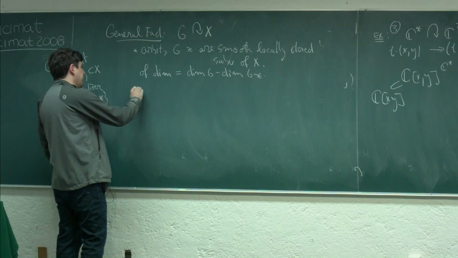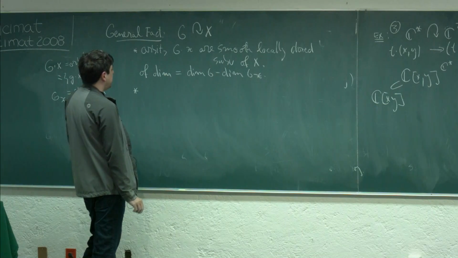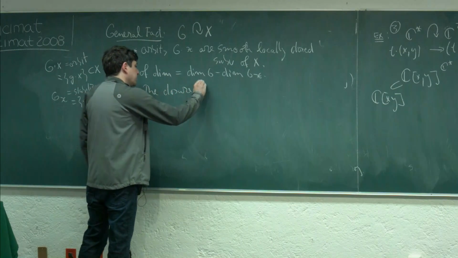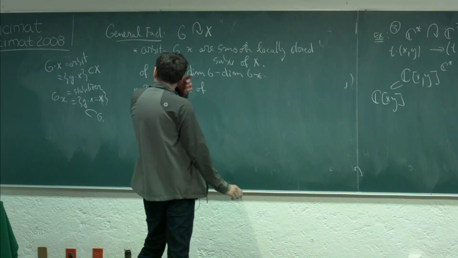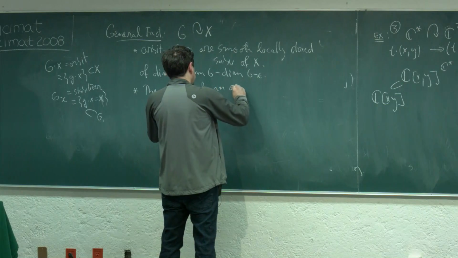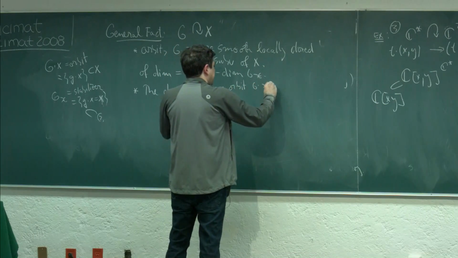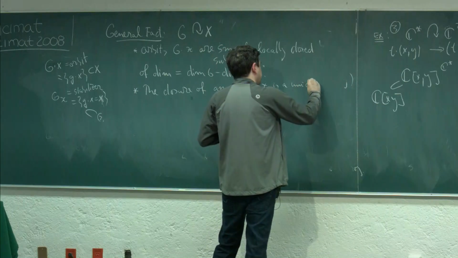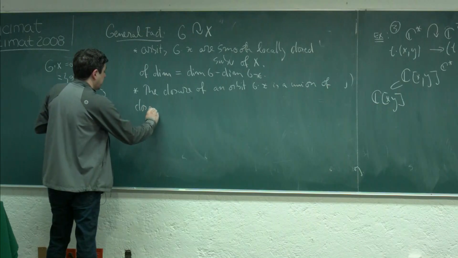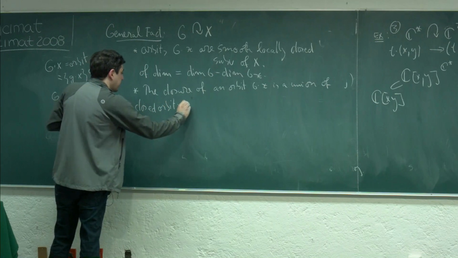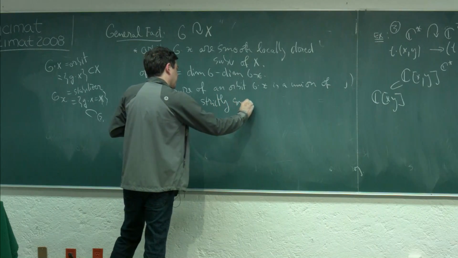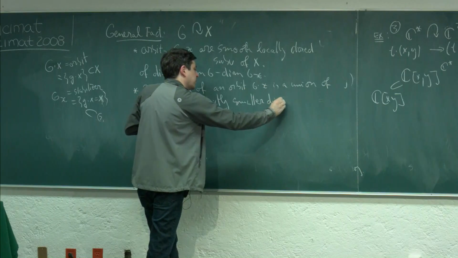And the second statement is that the closure of a given orbit G dot x is a union of closed orbits of strictly smaller dimension.